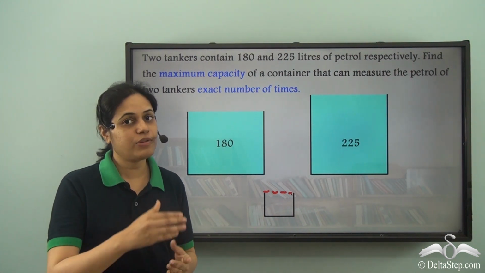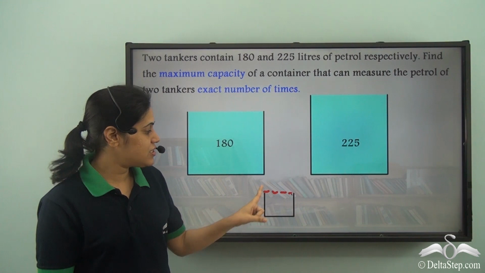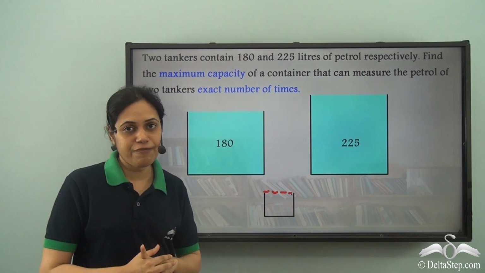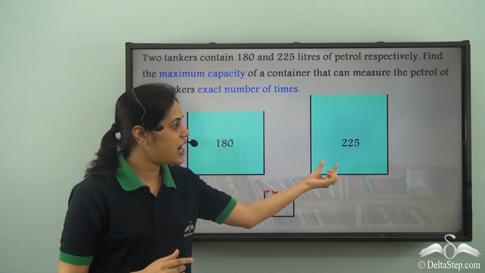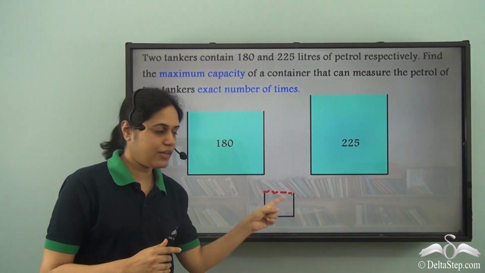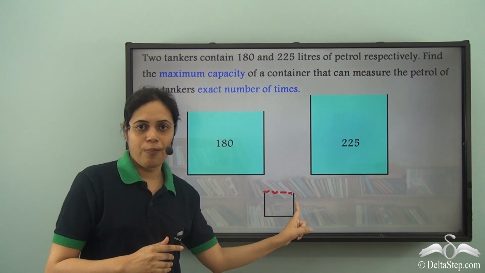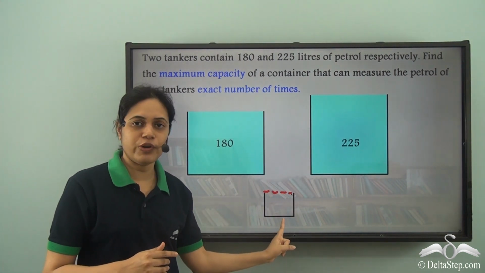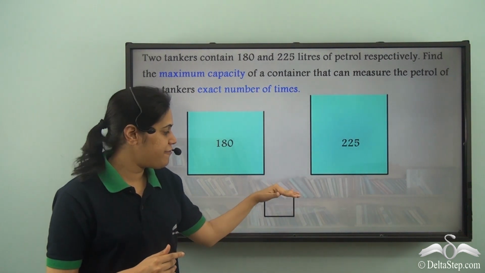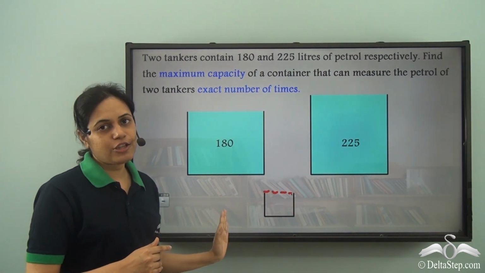That is starting from the first to the last, this container should be filled up to the brim or up to the top. So suppose I start pouring this in the container. I fill it up to the top. Then I throw it off. Then once again, I fill this 225 into the container. I fill it up to the top and then I throw it off.